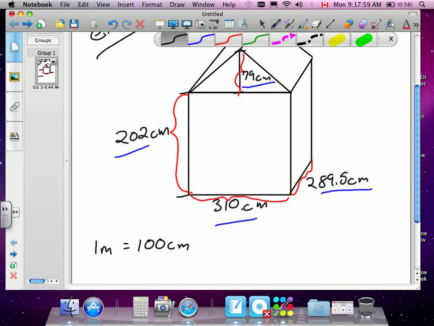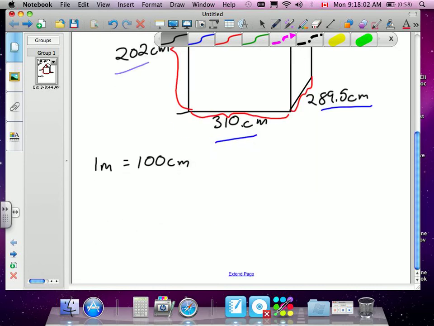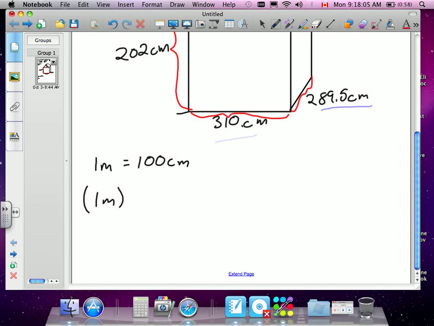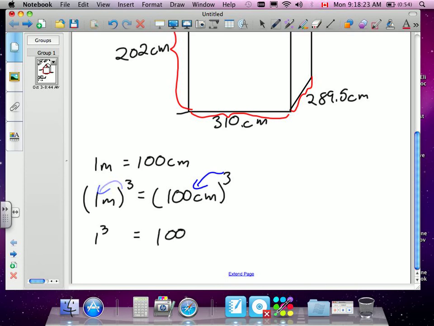I want you to think of it like this. 1 meter cubed, okay, the same idea, is equal to 100 centimeters cubed. Now remember, our exponent rule is we bring the cubed inside, and what's going to end up happening, 1 cubed is equal to 100 cubed. What is 1 cubed? What's 1 times 1 times 1?